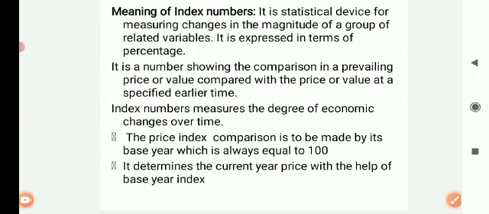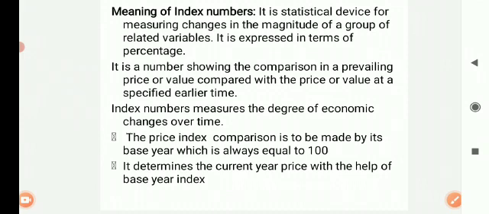It explains the difference between the base year price and the current year price of related variables, or goods and services, or any other items. What was the base year price and what is the current year price? We have to understand this very systematically with the help of index numbers. So it gives a clear picture of what the earlier price was and what the price is at present.